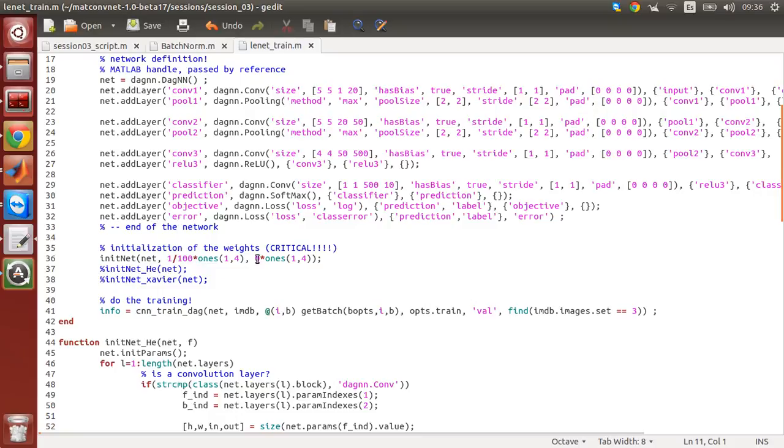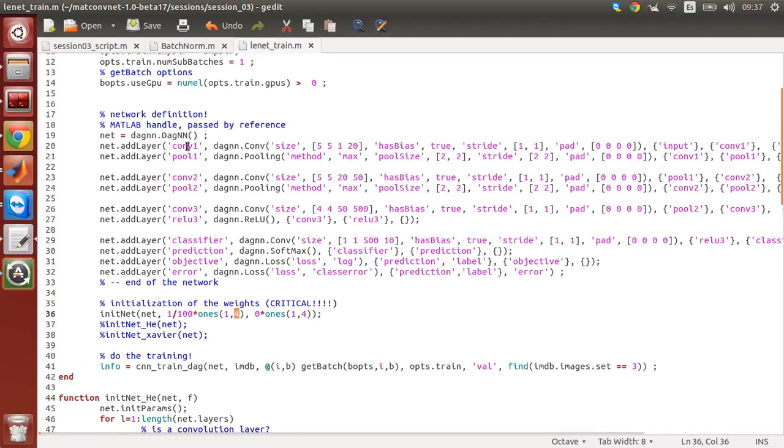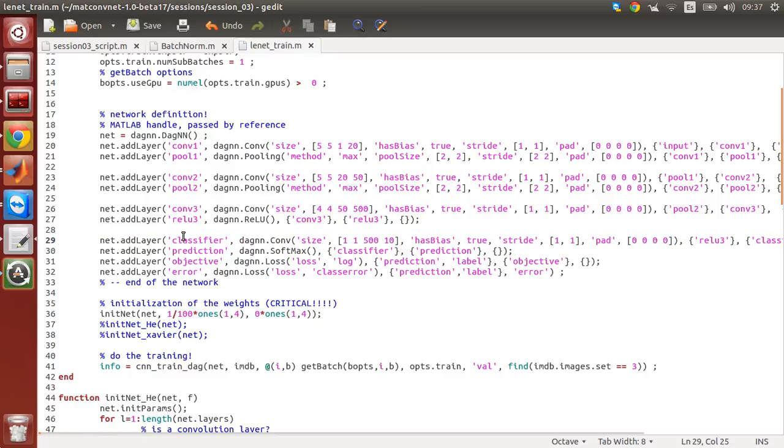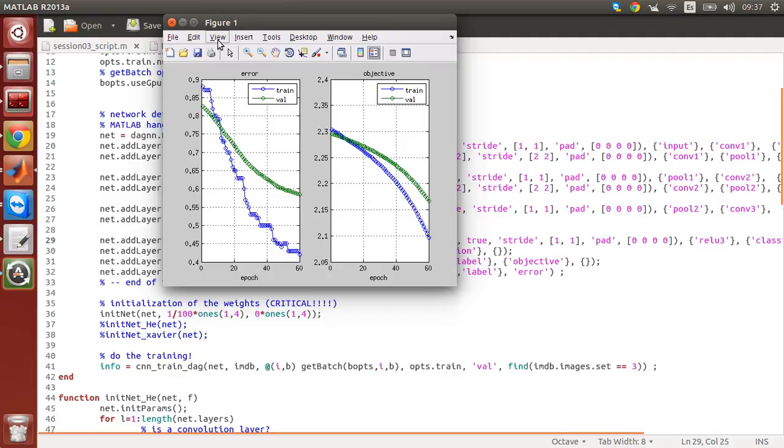And for the biases, we initialize all of them to zeros. So this is a vector of 4 elements, because we only have 4 convolutions, 1, 2, 3, and 4, so the classifier is also a convolution, remember that. And with this, the results are the ones we just showed.